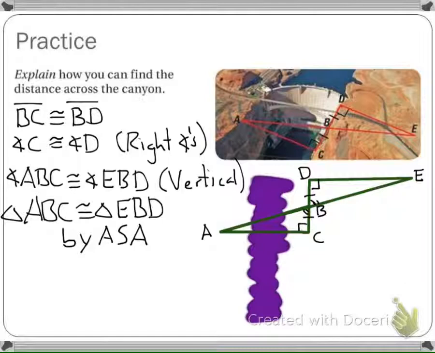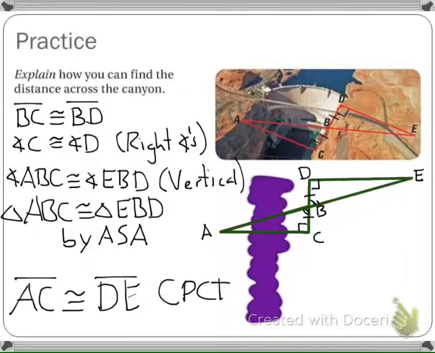Now that we have our two triangles congruent, we can now see what we know about AC. So by what we've talked about with CPCTC, we have that the two triangles are congruent by angle, side, angle. So that means now that AC is going to be congruent to DE because of the CPCTC.